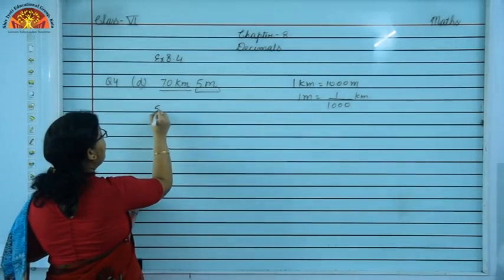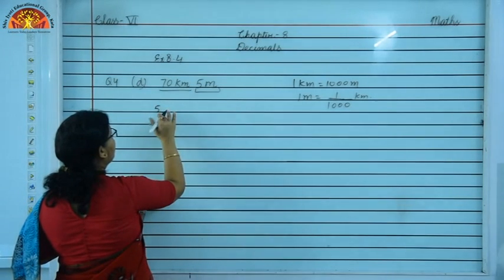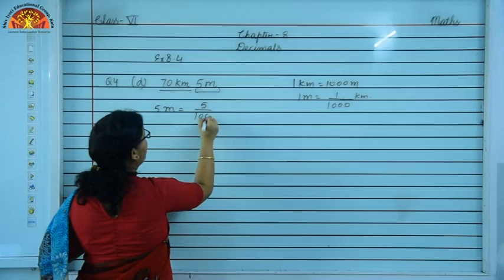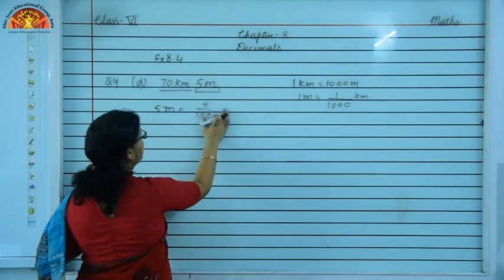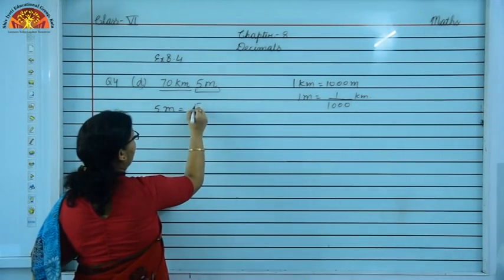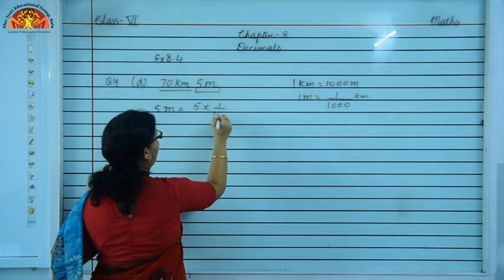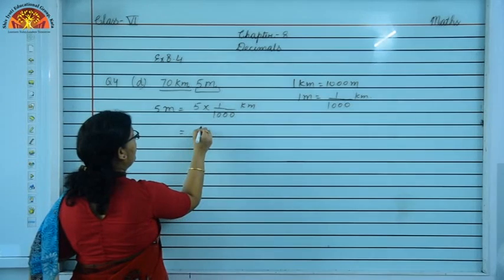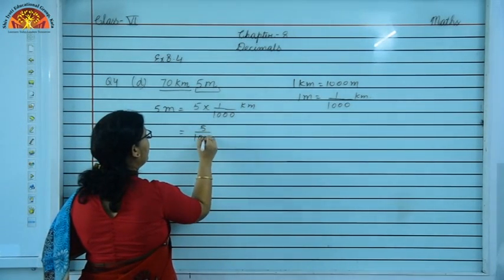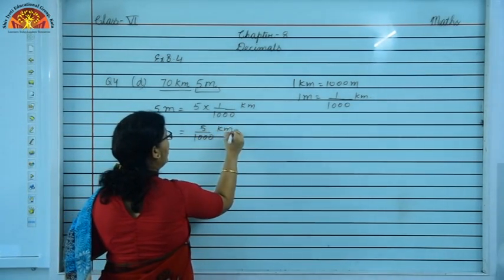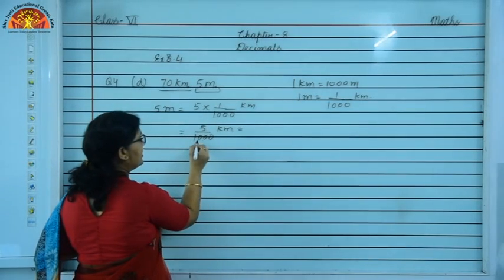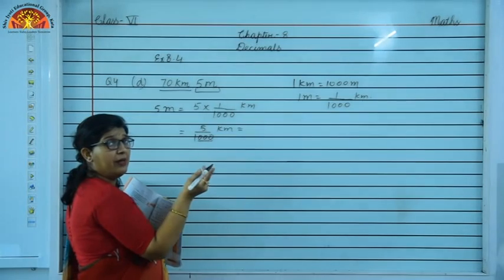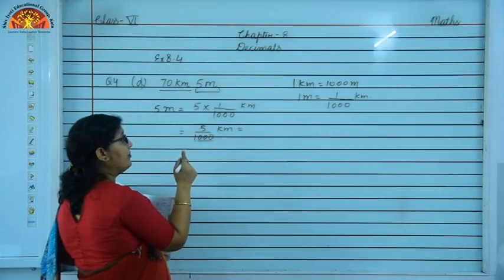So 5 meter is equals to 5 upon 1000, or we also write like that 5 is multiplied by 1 upon 1000 kilometer. It is equals to 5 upon 1000 kilometer, or it is equals to 1, 2 and 3 zeros we have in the denominator. So we put decimal before 3 digits from the right side.